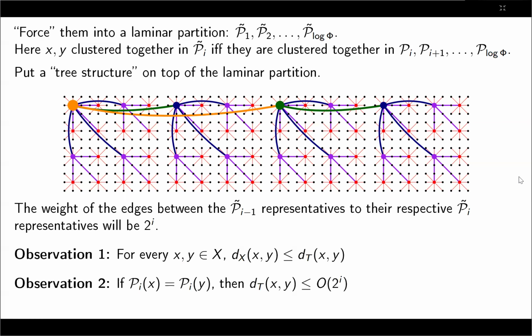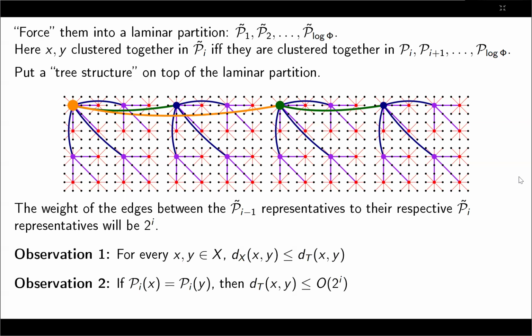And this you can prove by induction. So think that you go to the representative at scale i and then back. So the maximum weight you will see along this path will be at most 2 to the i. You'll see 2 of those, and then you will see 2 weights of 2 to the i-1 and so on. This will overall converge to just some constant times 2 to the i.